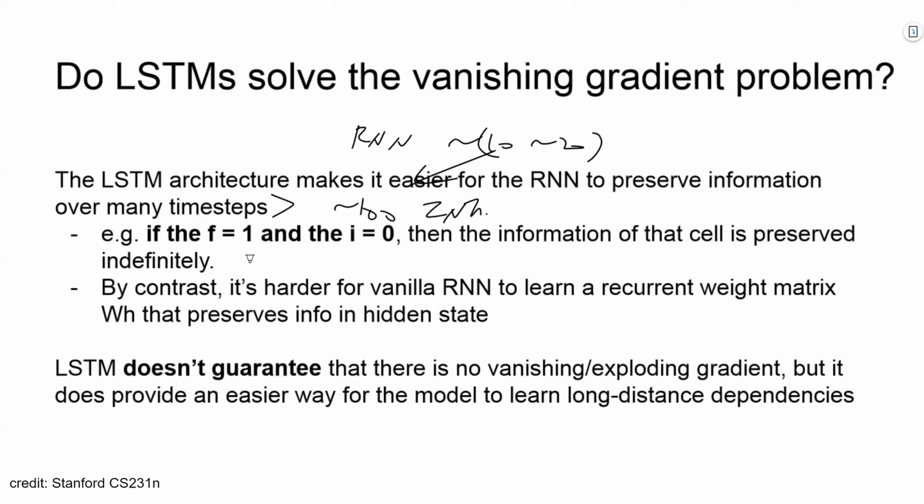If F equals 1 and I equals 0, then the information of the cell is preserved indefinitely. By contrast, it's harder for a vanilla RNN to learn a recurrent weight matrix that preserves information in the hidden state. However, LSTM does not guarantee that there is no vanishing or exploding gradient, but it does provide an easier way for the model to learn long-distance dependencies. Okay, it's not perfect. However, it's way better than vanilla RNNs.